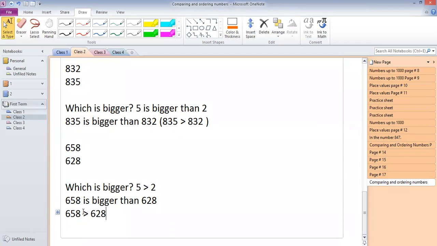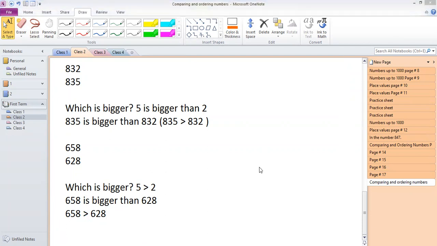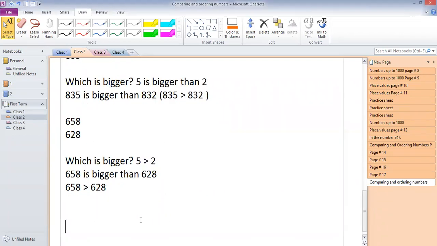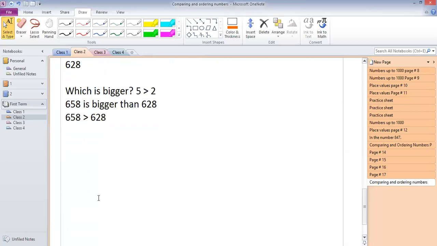So this is the sign because 658 is bigger, so I open its mouth in front of 658. Check, guys. Is it correct? Yes, sir. Very good. Now, guys, you have to put the correct signs, okay? 478.